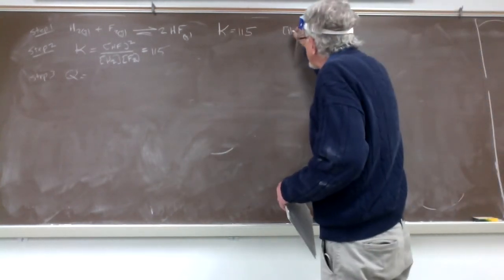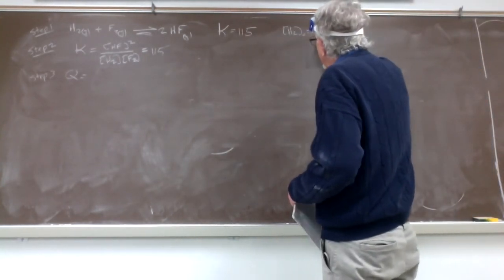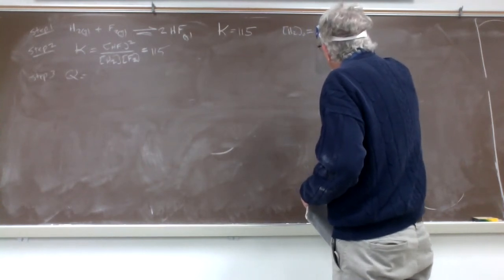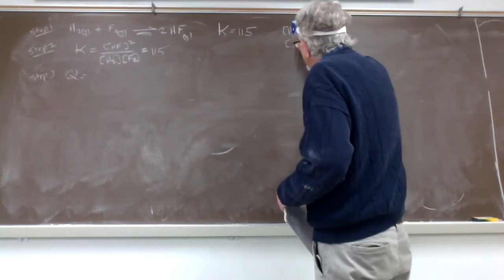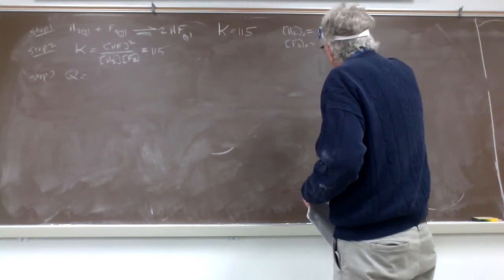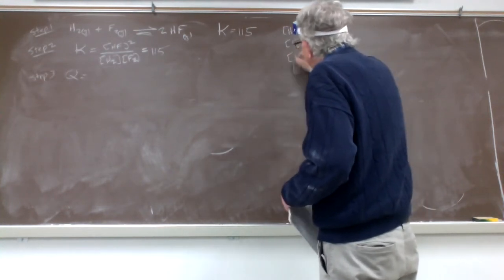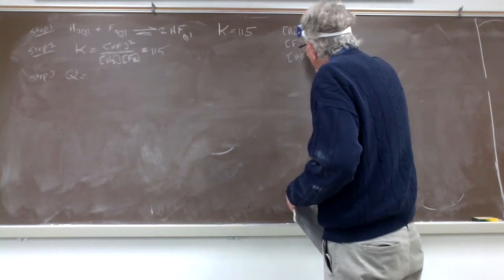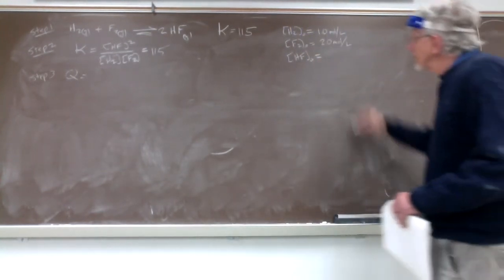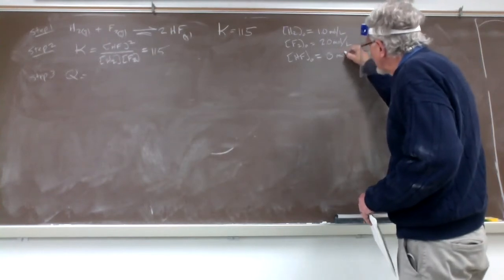Let's say that our initial concentration of hydrogen is 1.0 moles per liter. Our initial concentration of fluorine is 2.0 moles per liter. And our initial concentration of our product, hydrogen fluoride, is 0 moles per liter.